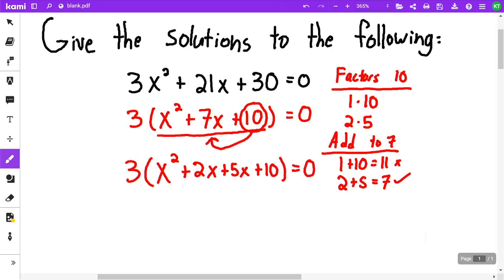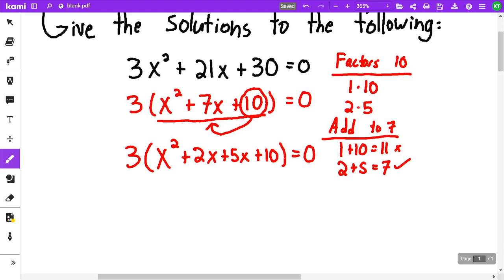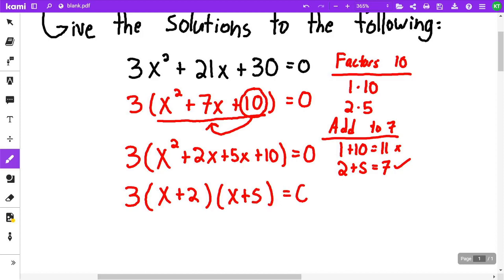And now that we have that, we are going to go ahead and make it into our factored form. So we're still going to have that 3 on the outside. And then since, again, we have no number in front of our x squared, we can go ahead and just do x plus 2 times x plus 5. And that's going to be equal to 0.